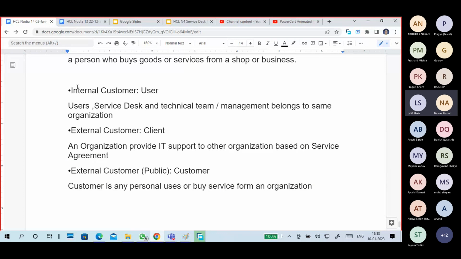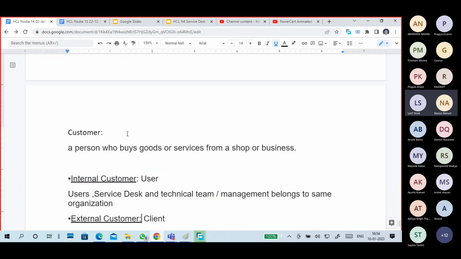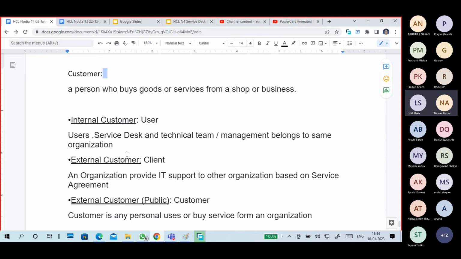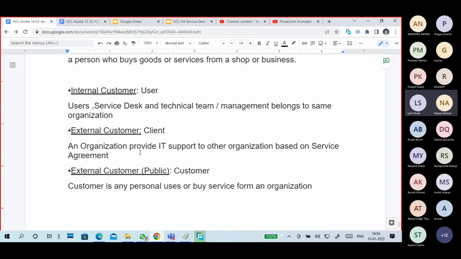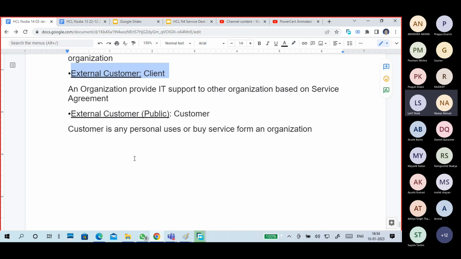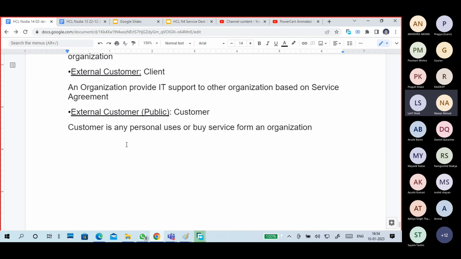Guys, understand internal customers, external customers. I added an extra external customer with a public appearance. As I know, your profile is actually dealing with external customers, not internal, not public customers. Most of the companies we recruit for deal with external customers.